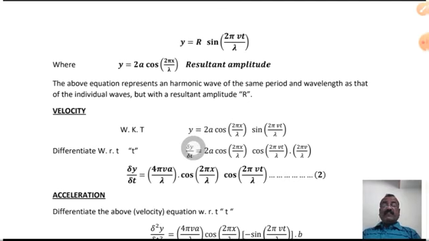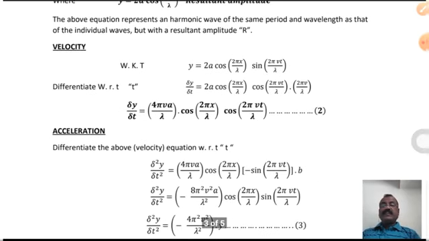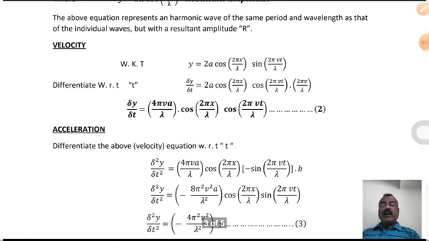The expression for the displacement is given by y is equal to 2a cos 2 pi x by lambda sin 2 pi vt by lambda. We know the definition of velocity: rate of change of displacement is called velocity.